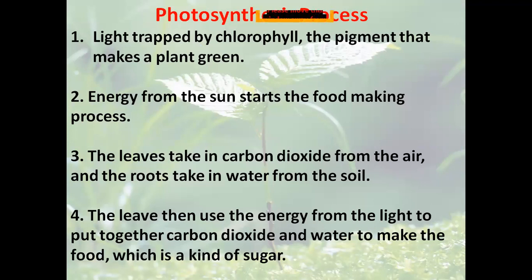So what will happen? The leaves of the plant need CO2, so they take in carbon dioxide from the air. And also the roots absorb water from the soil.